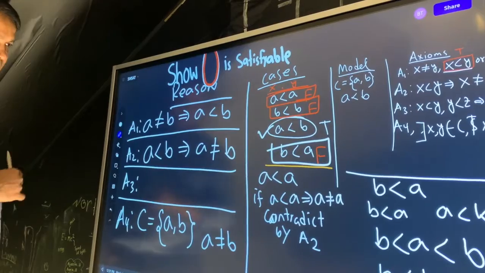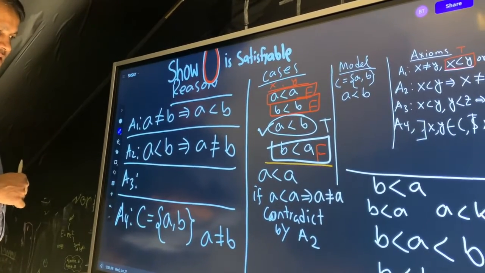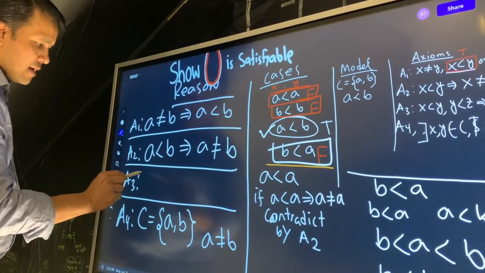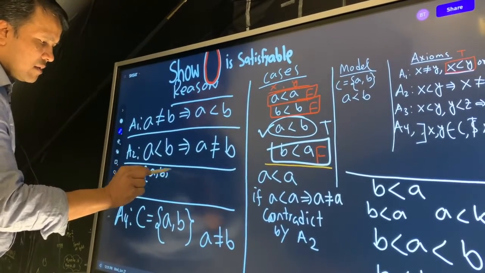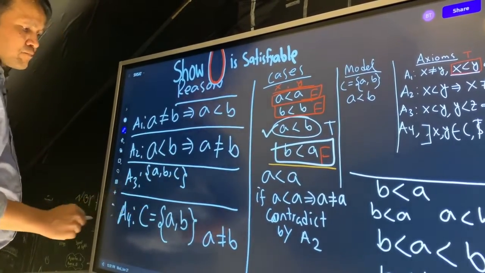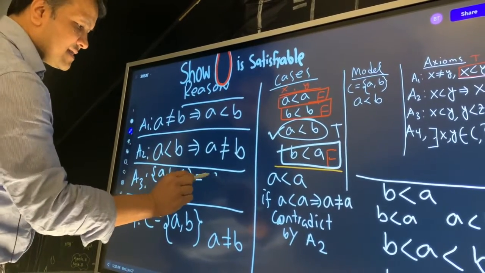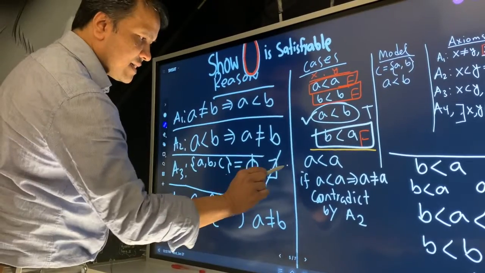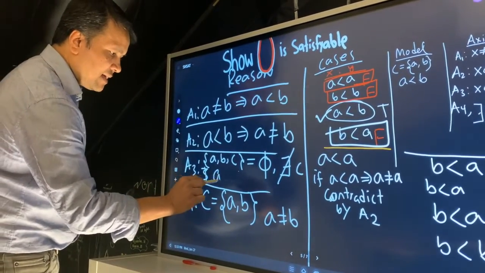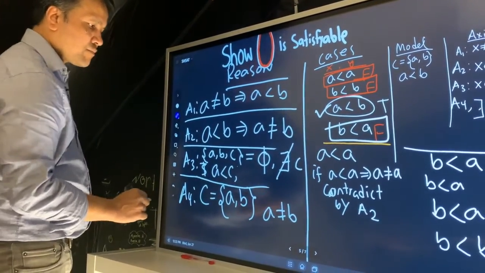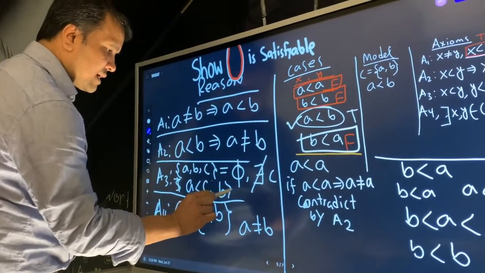Axiom 3 tells us that a comma b comma c is a null set, since a less than c and b greater than c cannot both occur.